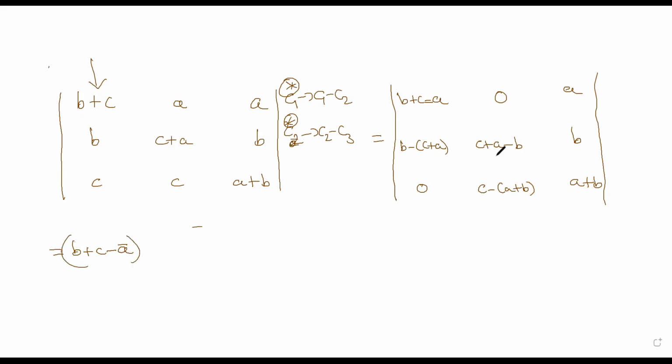So C plus A minus B into A plus B, C plus A minus B into A plus B, into B. The next one is B into C minus of A plus B, B minus B. So this is how you can do. This is one way.